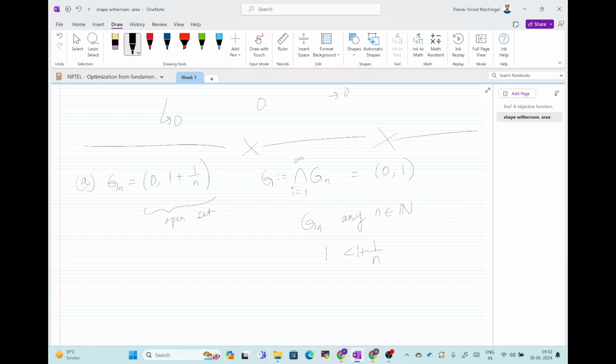So that means 1 is part of all g n, so 1 will be part of the intersection of all g n. So this will be half closed. Okay, so it will be open at 0 and closed at 1. Okay. Yes.